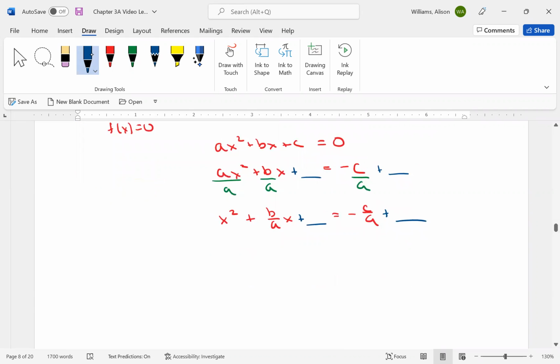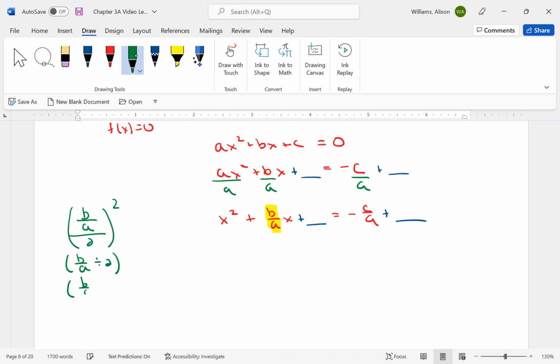So now I'm going to take the b term, and I'm going to take half of b over a, which means I actually have to divide it by 2. Well, when you divide a fraction by 2, I'm going to kind of work this out over here. When you divide a fraction by 2, it looks like this.